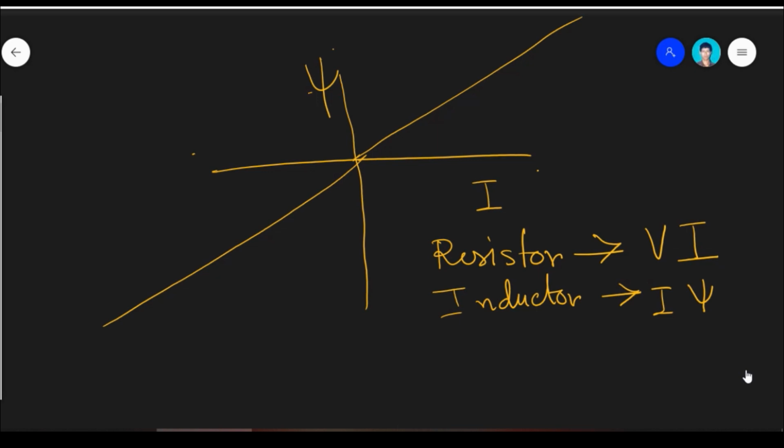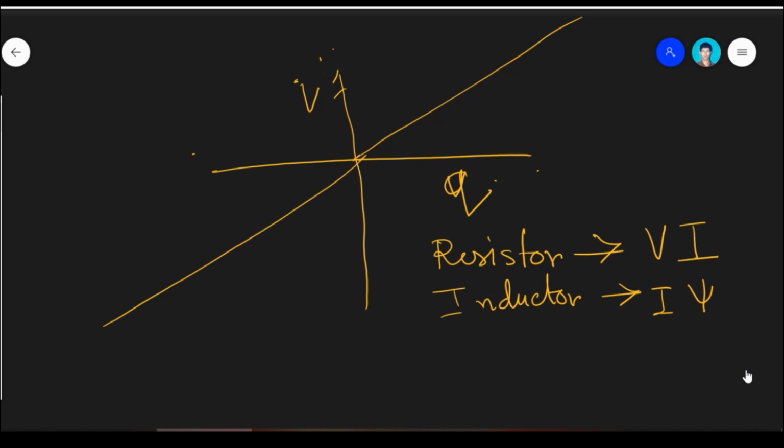Now what about a capacitor? For capacitors, you have to change this plane to the QV plane, not VQ, rather you should write QV plane. Why is this QV, not VQ?